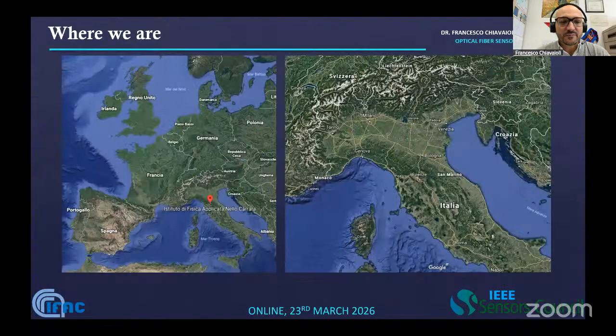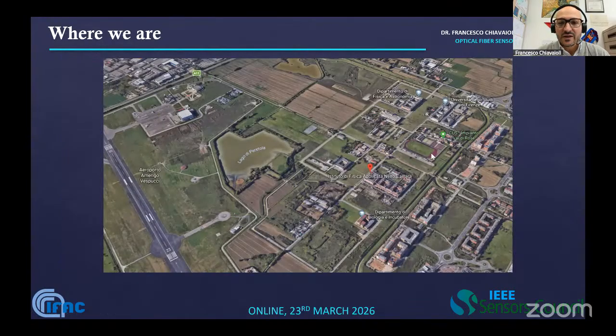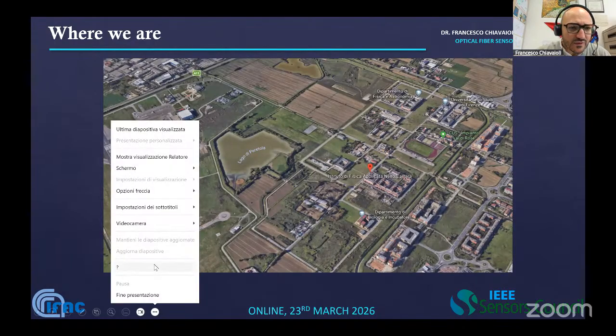So where we are: this is Italy, in the center more or less, in Tuscany region, close to Firenze, to Florence. Let me use the pointer.